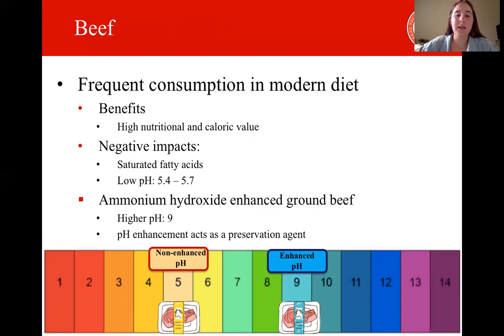So for our study, we decided to use an ammonium hydroxide enhanced ground beef product in some of our groups, because this brings the pH of the beef to 9 and also acts as an enhancement or as a preservation agent. This allows us to test how both pH and beef contribute to the development of obesity.